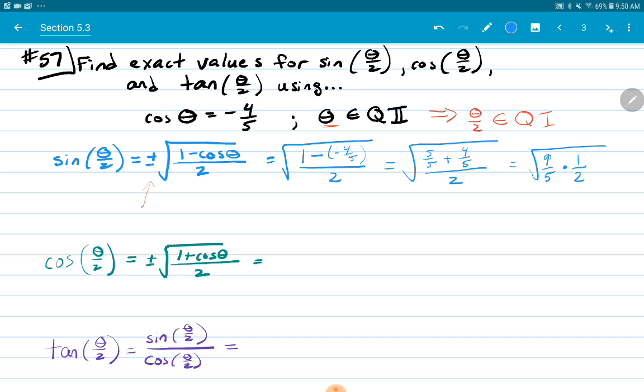So if I do times 1/2, then that gives me, actually I'm going to back this up a little, equals the square root of 9/10.